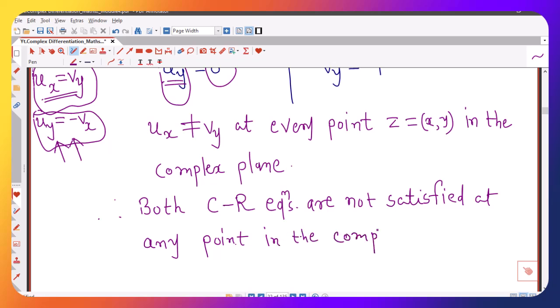One Cauchy-Riemann equation is satisfied at every point, another Cauchy-Riemann equation is not satisfied at any point.